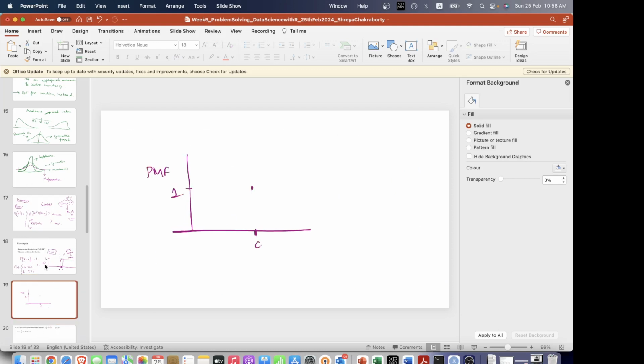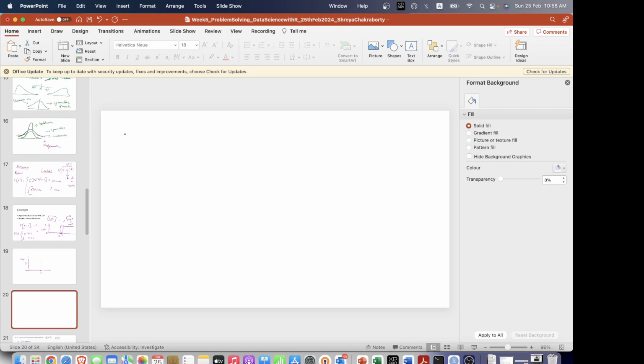Before moving on, I would also like to discuss some properties of variance, as you might have learned. Variance of ax plus b is a square times variance of x. If you have a coefficient attached to any random variable, that coefficient becomes squared when you compute the variance.